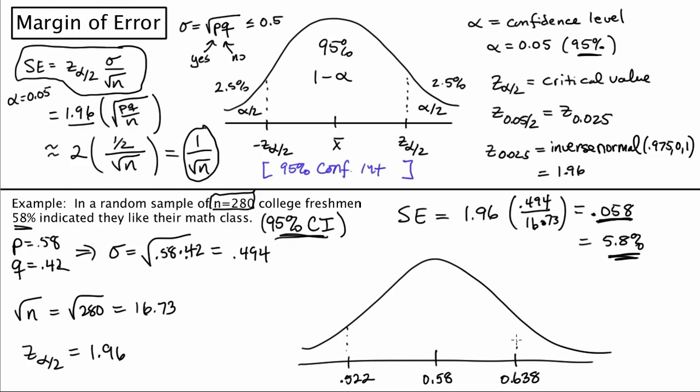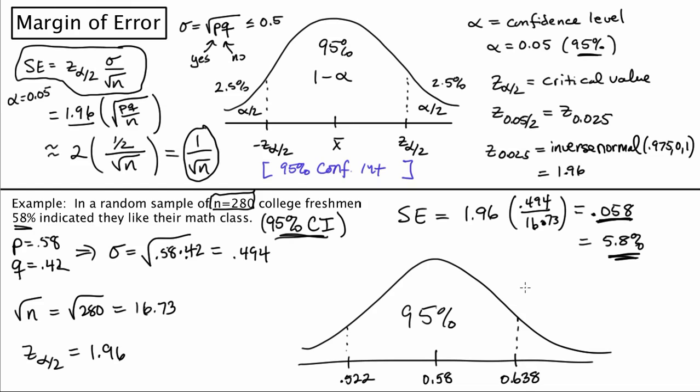And all we've managed to do is find two values on this scale such that 95% of the data is in here. Here's what this means. It means that this 0.58, even though it might not be correct, I'm 95% sure that the real value is somewhere between these outer two points.